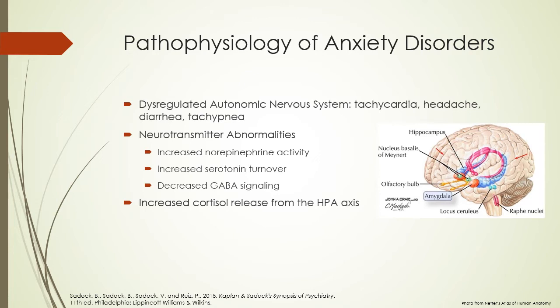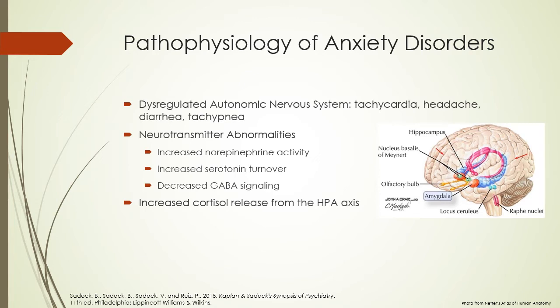Lastly, it is not just the neurotransmitters that are abnormal, but hormones are also abnormal in patients with anxiety disorder. There is increased cortisol release from the hypothalamic pituitary adrenal axis. And if you will recall, cortisol is the stress hormone. It allows the person to adapt to physical and emotional stress.